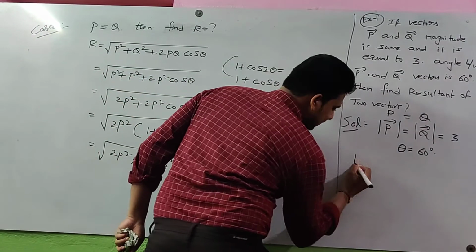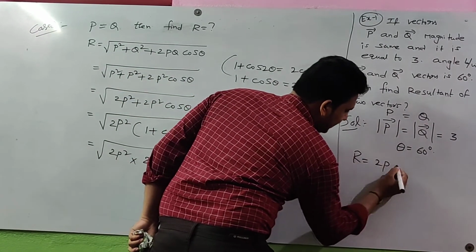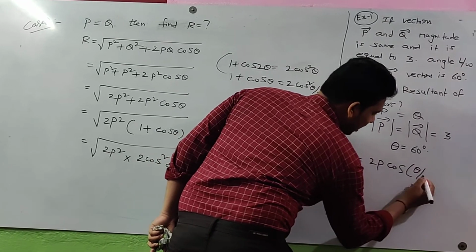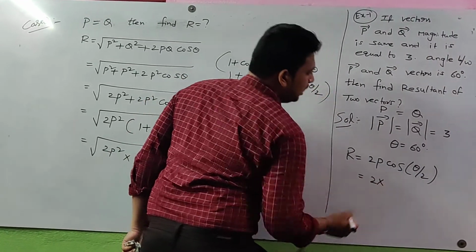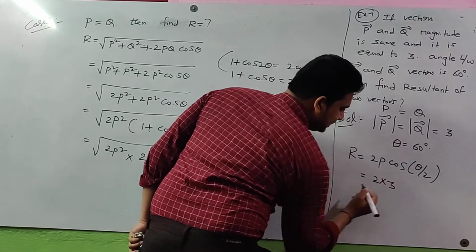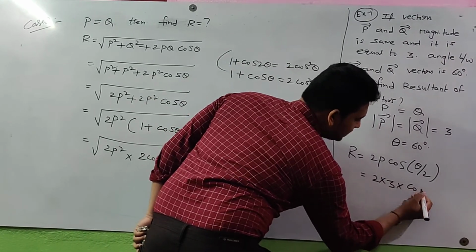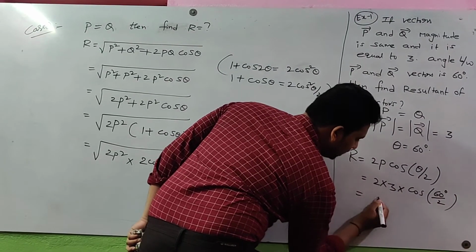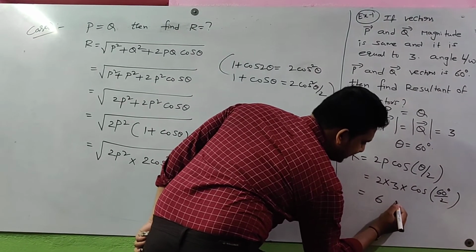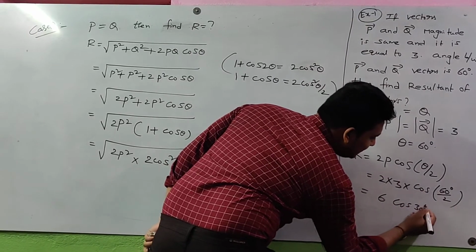So the resultant R is equal to 2P cos theta by 2. Then 2 into the magnitude of P, which is 3 as given, and cos of 60 degrees by 2. So 2 into 3 is 6, and 6 into cos 30 degrees.